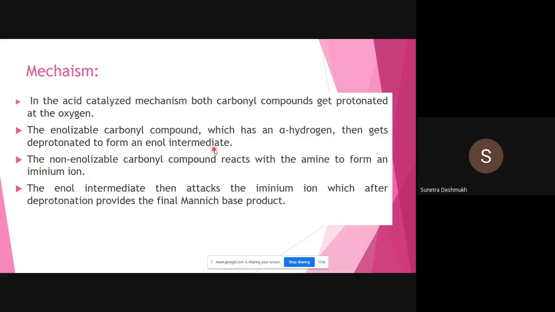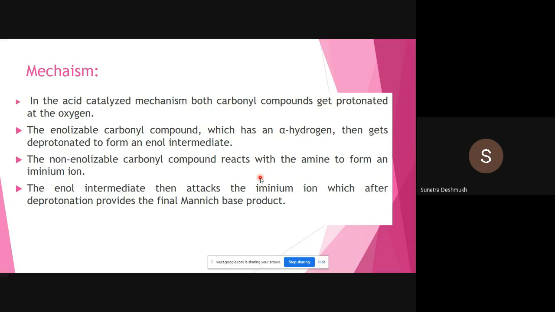Then the next step: the enolizable carbonyl compound, which has an alpha hydrogen, gets deprotonated to form an enol intermediate. So the next step is abstraction of the acidic proton from the enolizable ketone. We will see who is acting as the base to abstract this proton on the next slide in the mechanism. In the third step, the non-enolizable carbonyl compound, formaldehyde, reacts with the amine to form an iminium ion.